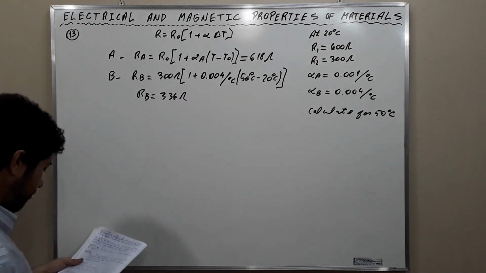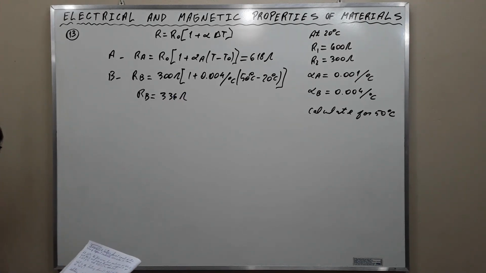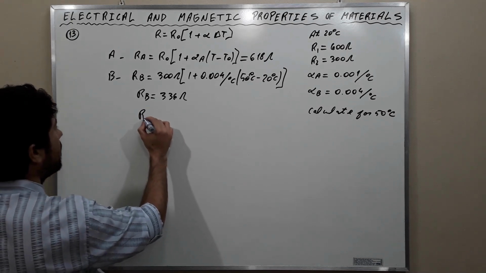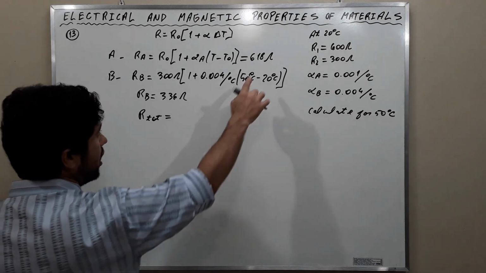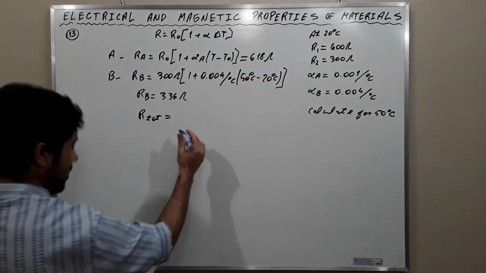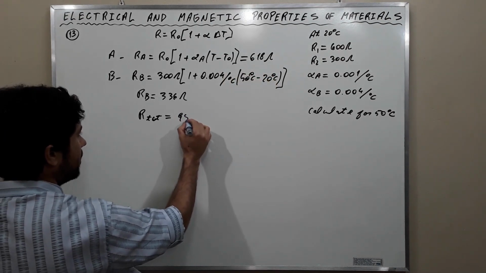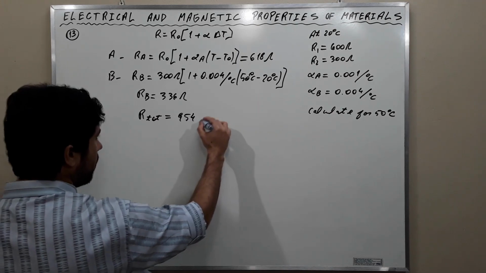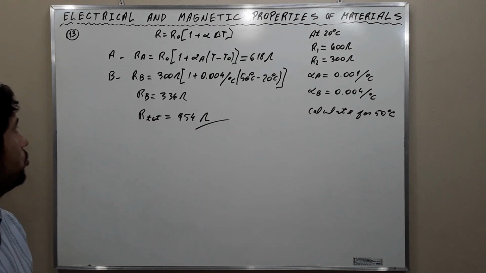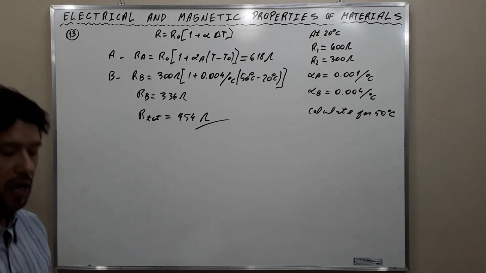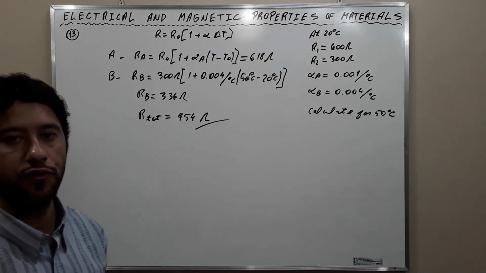Okay? Therefore, the total resistance of the heating element R is equal to the sum. You sum this with this and you find 954 ohms. Okay, and this is the answer, the solution of exercise 13. Let's go to exercise 14 now.